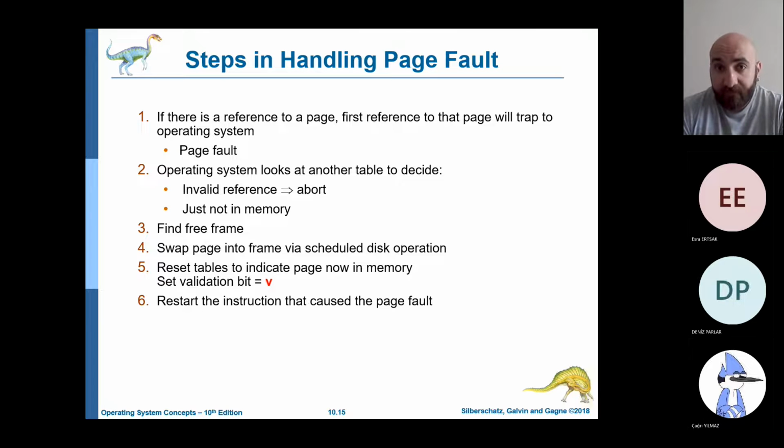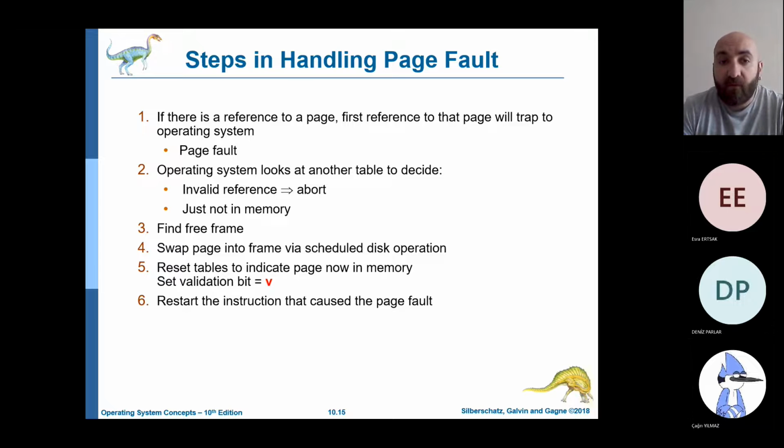We find a free frame by taking one from the free frame list, for example. That was the third step. On the fourth step, we schedule a secondary storage operation to read the desired page into the newly allocated frame.